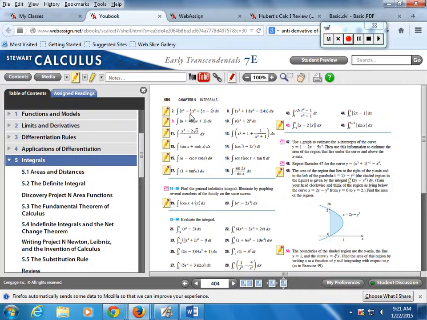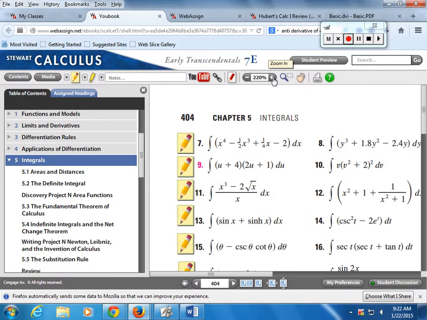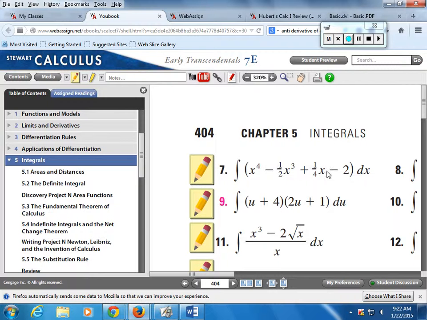Like this one right here. That one looks like it's complicated. Let me blow it up a little bit. I'm trying to look at both things at one time. See that problem right there? Just break it up into 4 little problems.